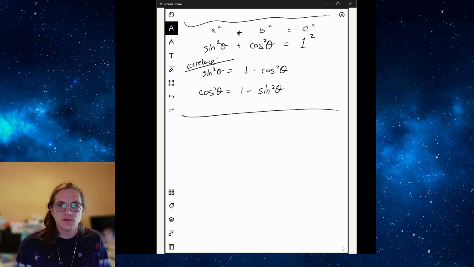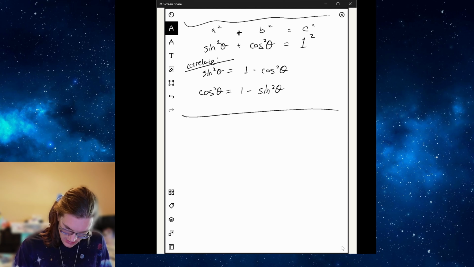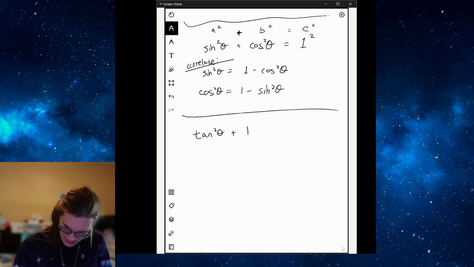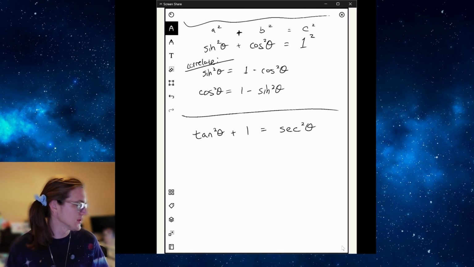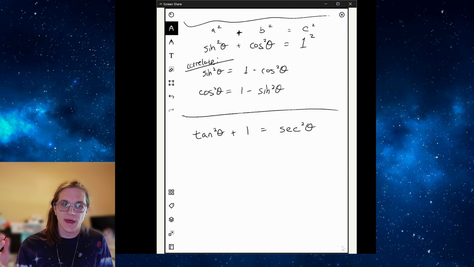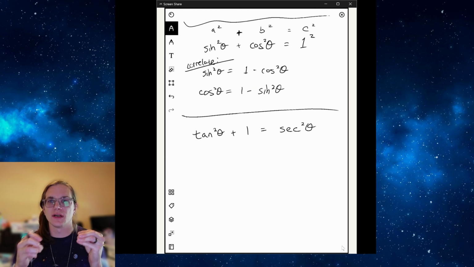So that's one you'll use 1,000 times, and then in addition, other Pythagorean identities include this, which is true. If you want to prove it to yourself, again, I like to prove it to myself in the margins because then I know that I can trust what I'm writing.